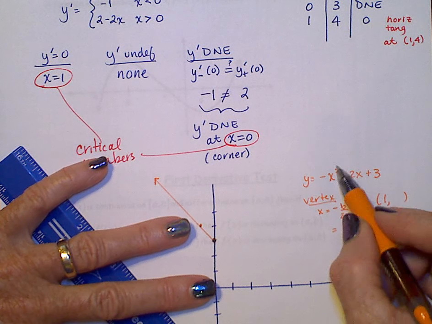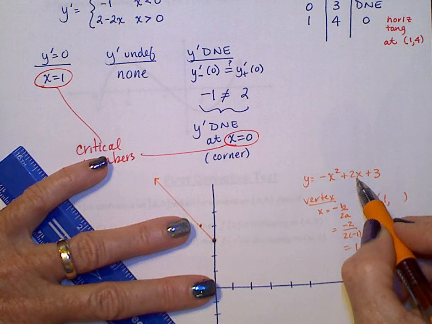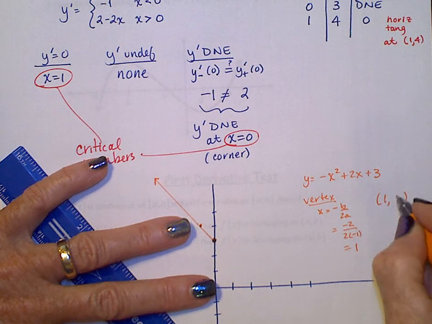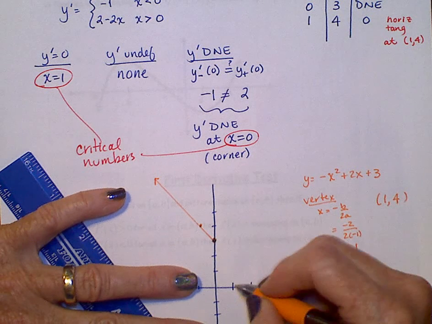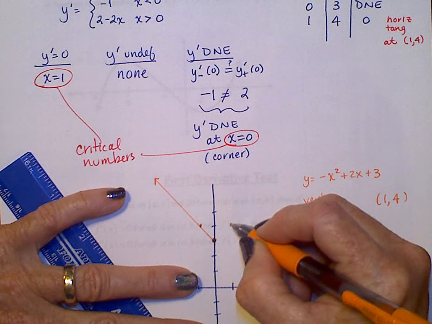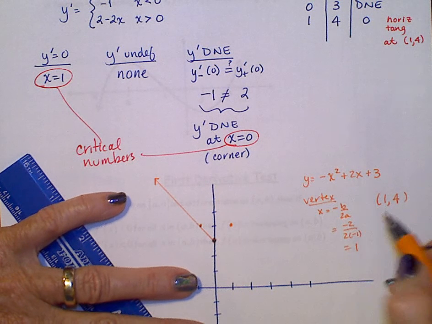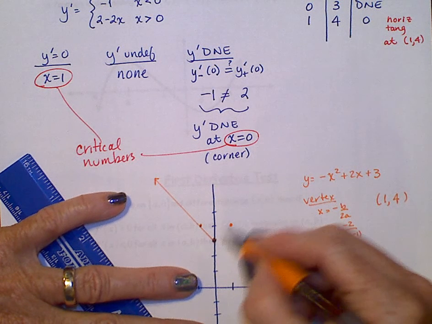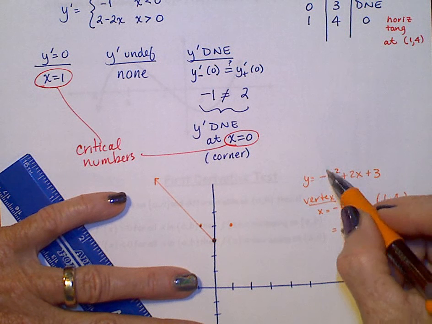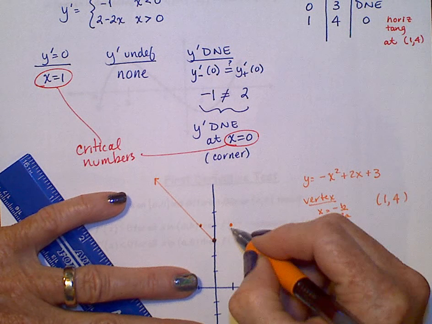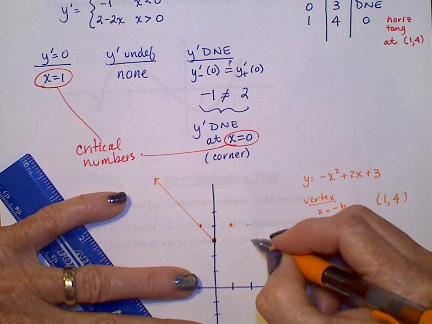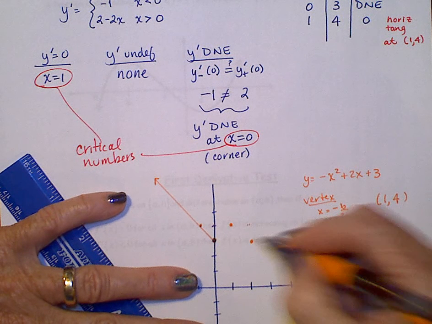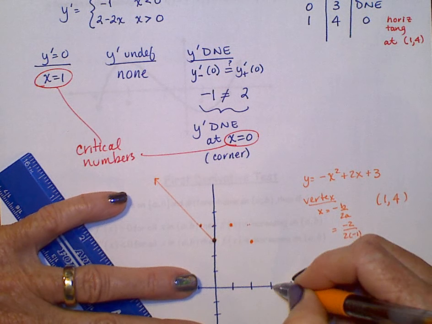That's -1 plus 2 is 1 plus 3, 4. We have a vertex at 1, 4. Leading coefficient is negative, so we know that it opens down. Coefficient's 1 out here, so same size, so over 1, down 1, over 1, down 1, and then 3 here.